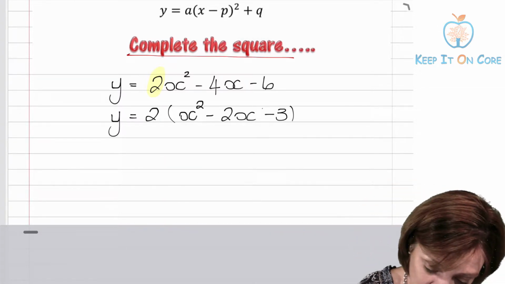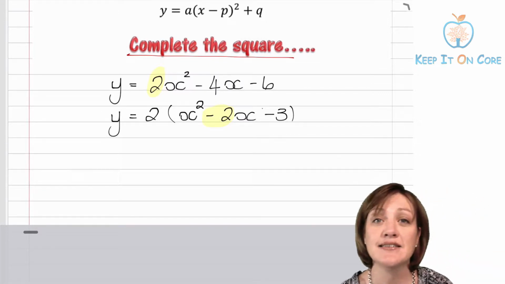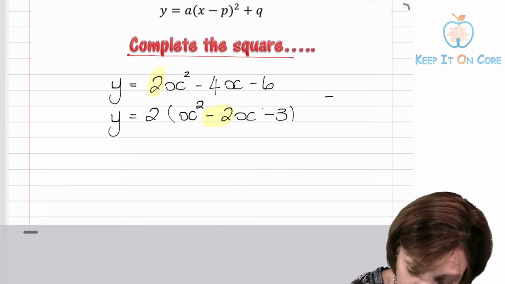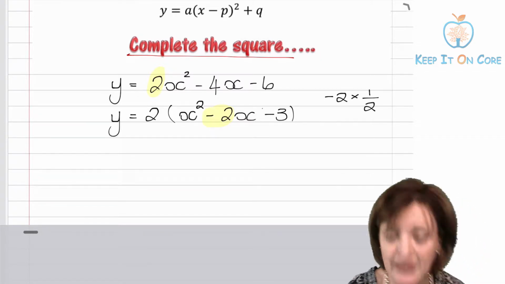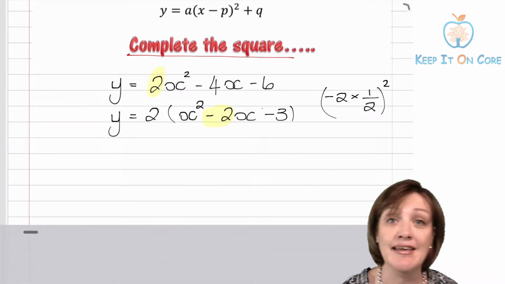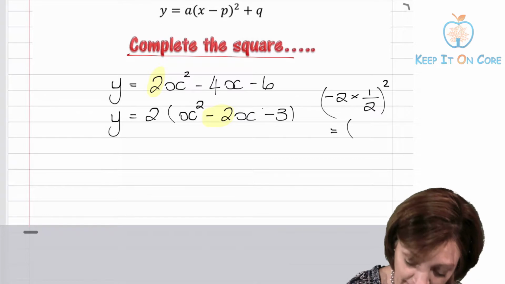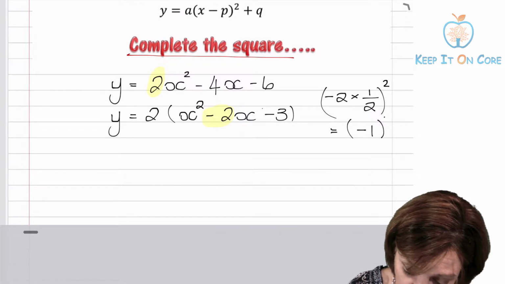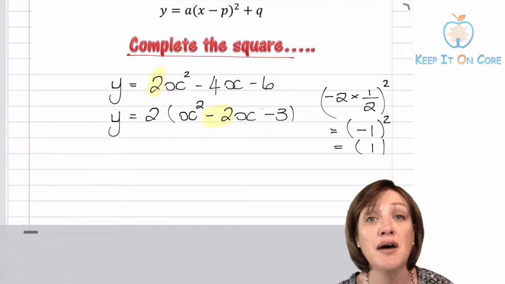Then what do we do with completing the square? We take the middle term inside your bracket, the −2. We always multiply the coefficient of your middle term by a half, and you always square the answer. So if I multiply −2 by a half, we land up with −1, and if we square −1, we land up with positive 1.